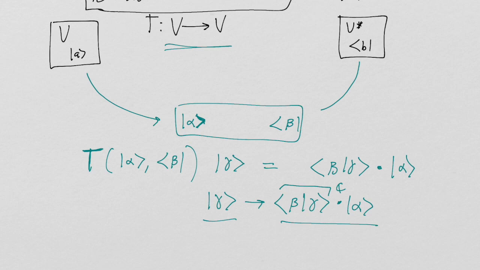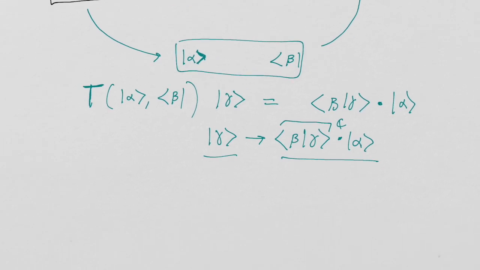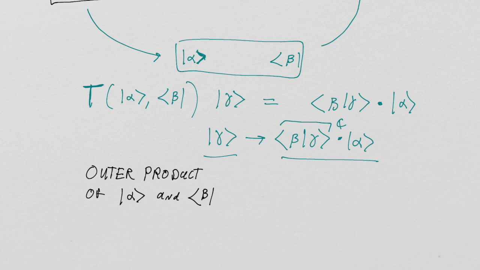So not every transformation necessarily yet, but I can make a transformation given a bra and a ket, right? And that transformation is called the outer product of alpha and beta. And it's written like this, with the ket on the left and the bra on the right.